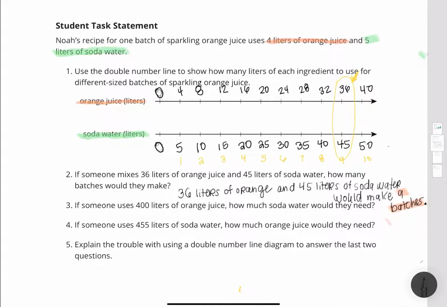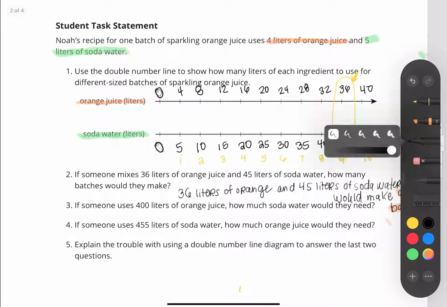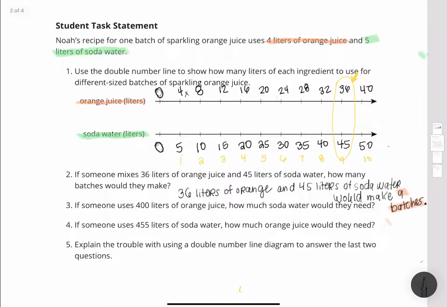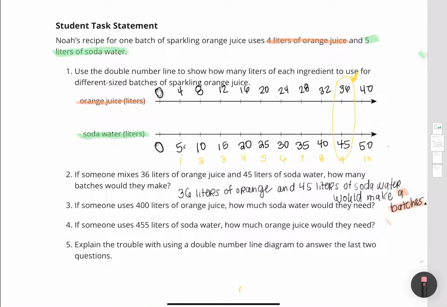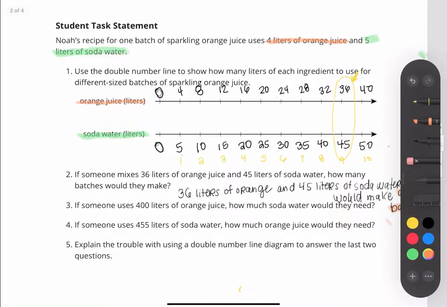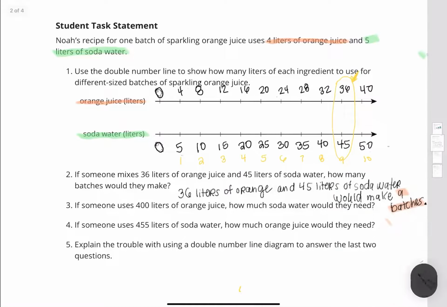Well, when I look at the double number line, I noticed that when I got to 10 batches, it went from 4 to 5 to 40 to 50. So that means this was multiplied by 10 to get to those numbers. So what could we multiply 4 by to get to 400? What can I multiply 4 by to get to 400?